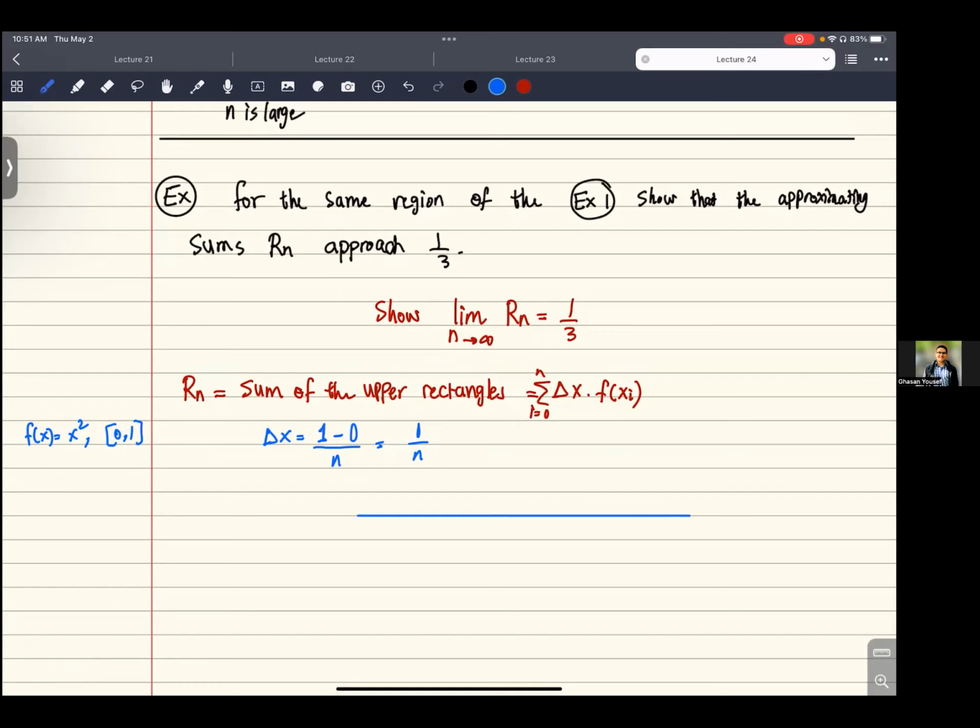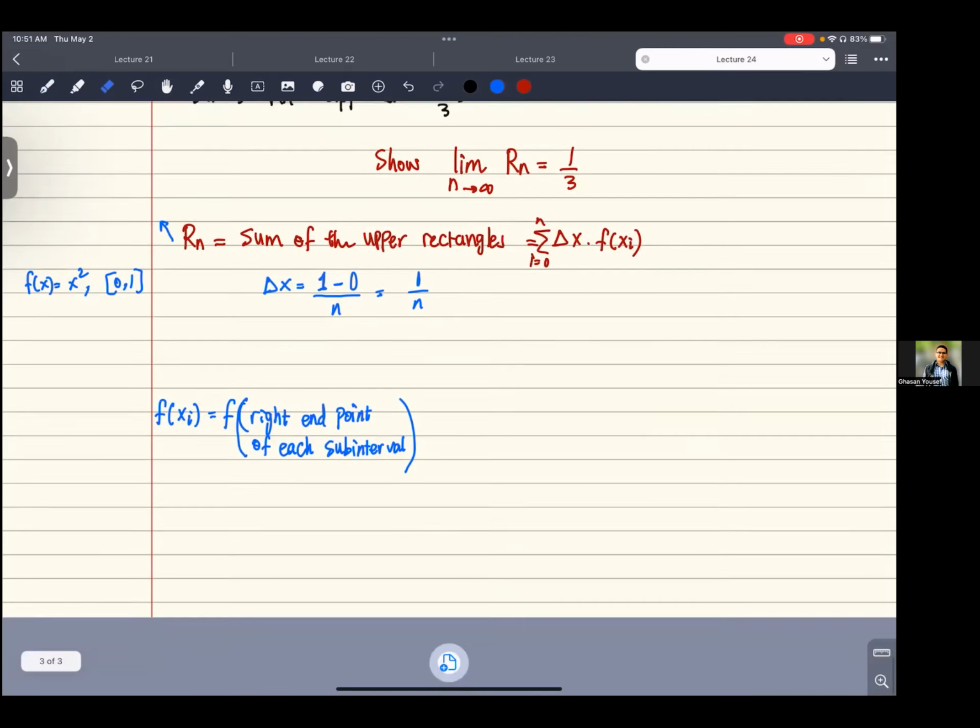For finding f of x i, like I said, f of x i is the same as f of the right end point of each sub interval. Make sense? It is the right end point of each sub interval. So for example, if I have a sub interval like this, here's my interval.